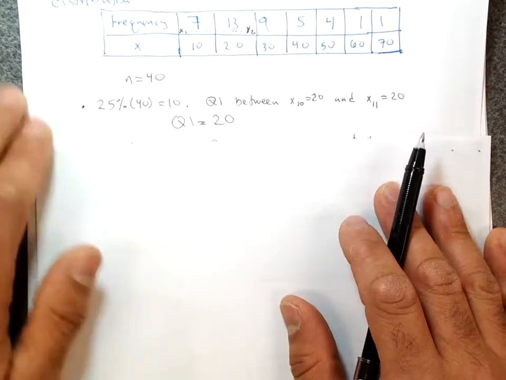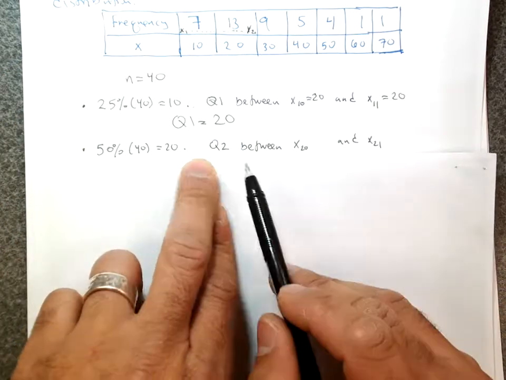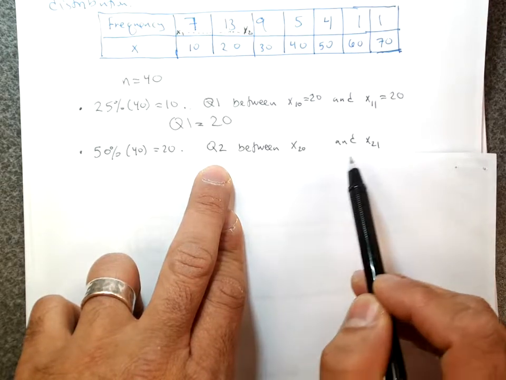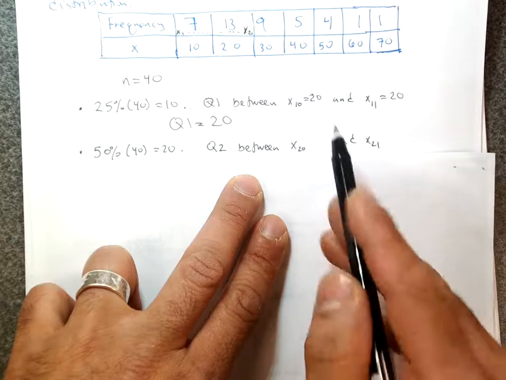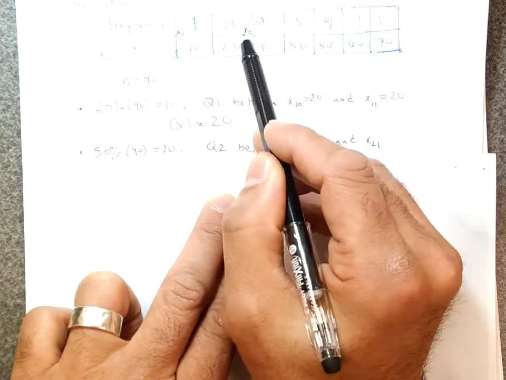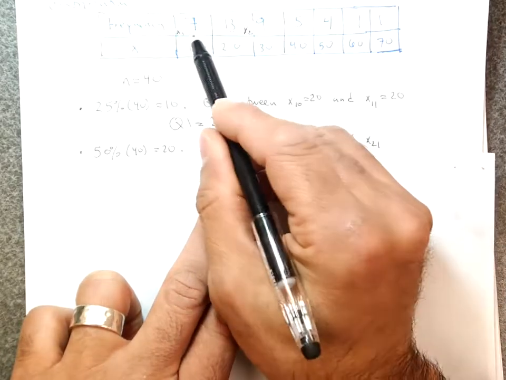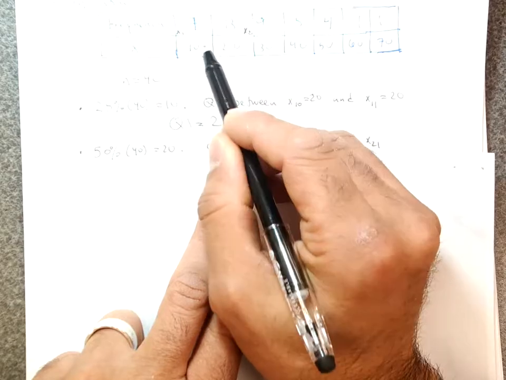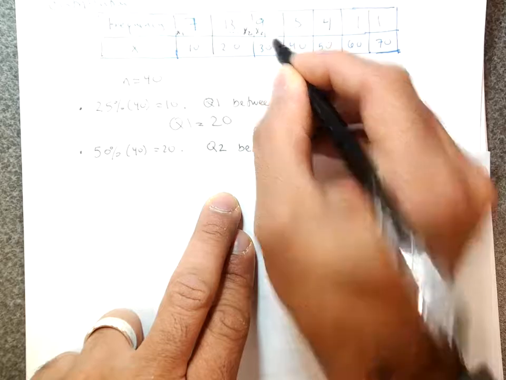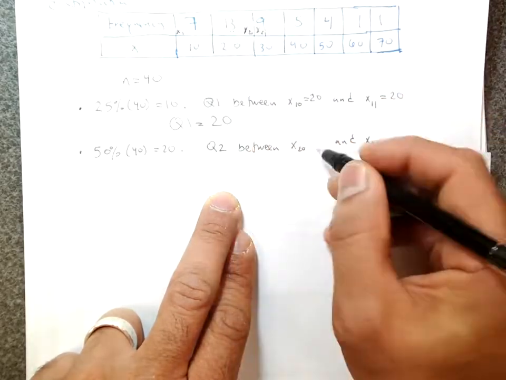Let's do the next one. 50% of 40 is 20. Again, we get a whole number, so Q2 is between the 20th value from the left and the 21st value. The 20th individual is the last individual that's in these two groups. So x20 is here, and x21 starts here. x20 has a value of 20.